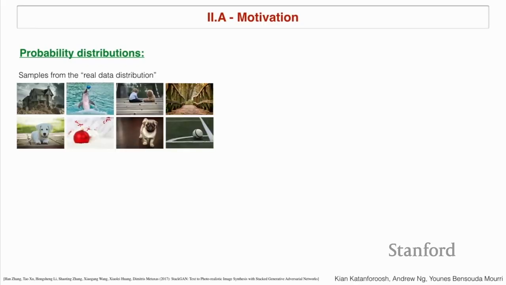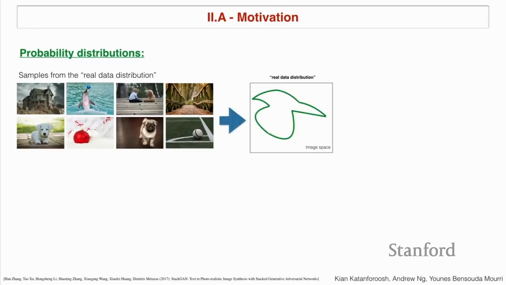So these are samples from real images that have been taken. And if you plot this real data distribution in a 2D map, it would look something like that. I made it up, but this is the image space, similar to what we talked about in adversarial networks. And this green shape is the space of real world images.